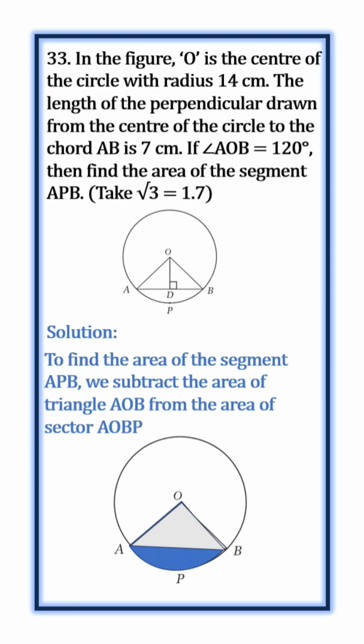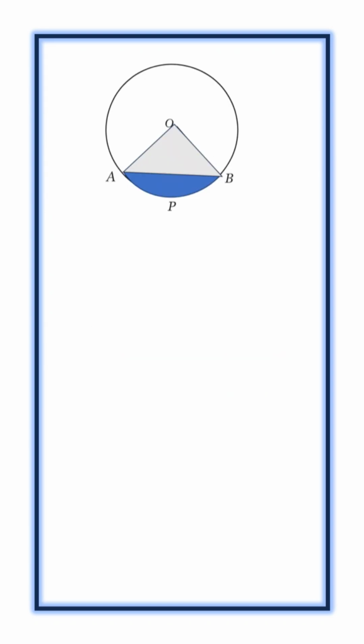Now you have to write in your answer script from here. What has been given in the question? Radius is 14 cm. OB and OA are the radii of the circle, that is 14 cm. Now the length of the perpendicular. Perpendicular is OD.